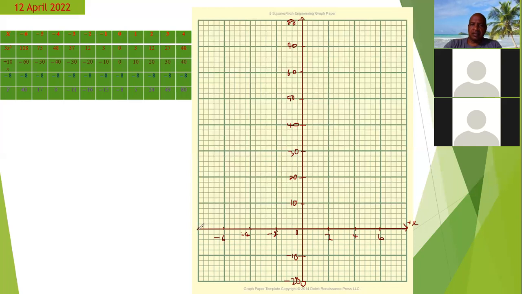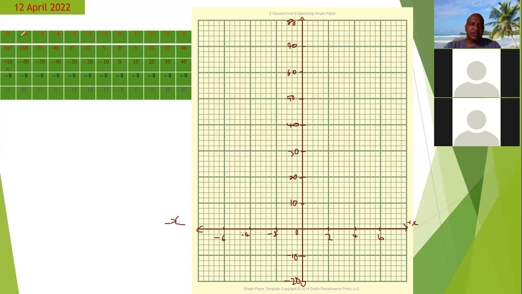We don't need to go any further there. So over here we have our negative x values. Now you can write in your scale. We're just going to do the plotting now.